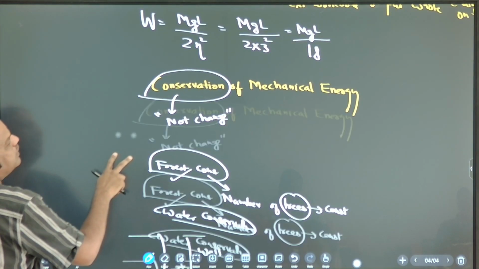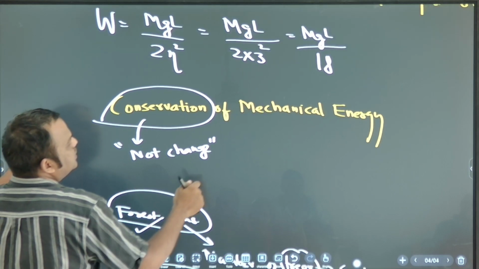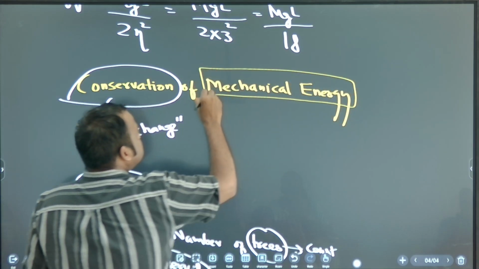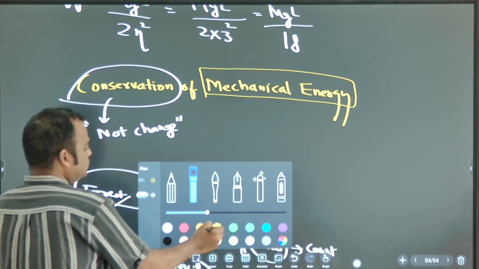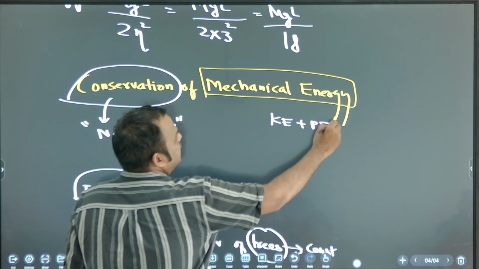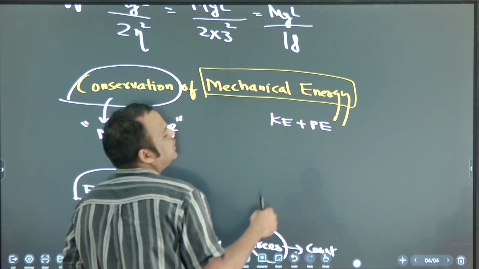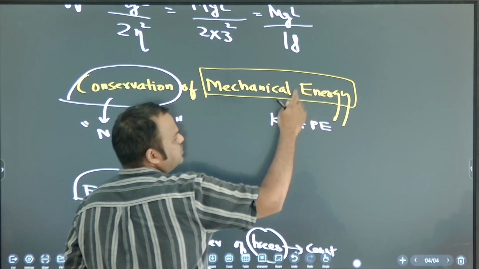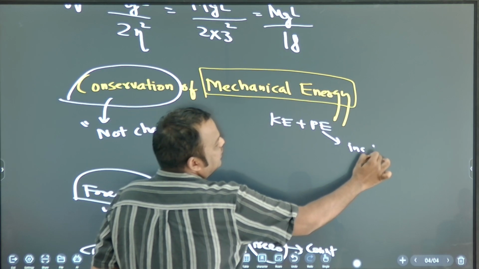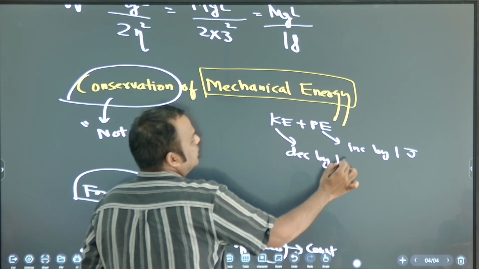Now, what is mechanical energy conservation? Mechanical energy is constant. What is mechanical energy? Kinetic energy plus potential energy. If potential energy is decreasing, kinetic energy must be increasing. If potential energy is increasing, kinetic energy must be decreasing. Suppose potential energy increased by 1 joule, kinetic energy must decrease by 1 joule.